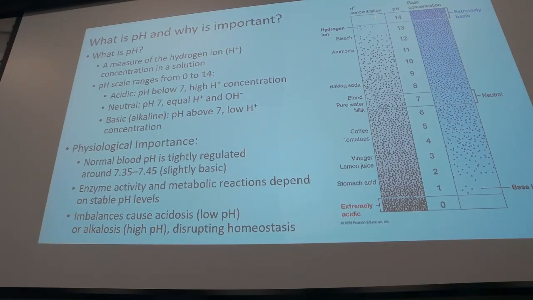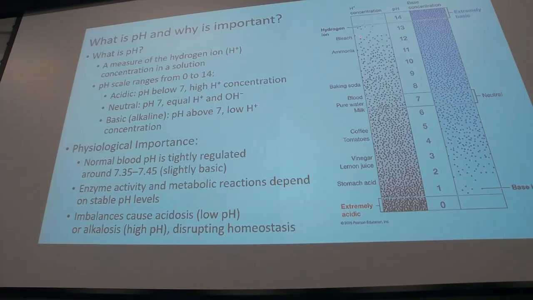And then here, this left column represents the concentration of hydrogen ions. So it's high, and then the concentration of base is low. And then the greater the number above 7, the more basic the solution is. That means that you have fewer hydrogen ions, but you have more base.